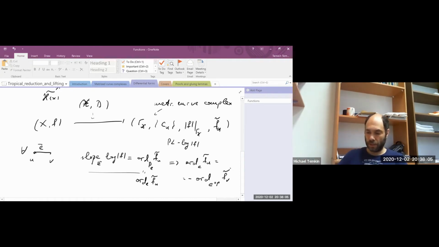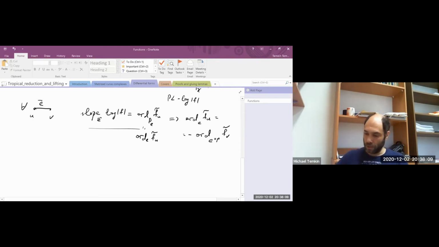So on different sides, these meromorphic functions have opposite order. And also for any leg, we have the order of f at p equals the order of the reduction at the corresponding point. So these are all the compatibility conditions about f.